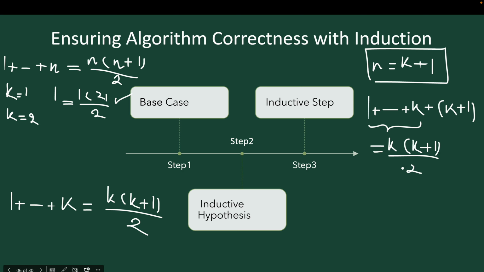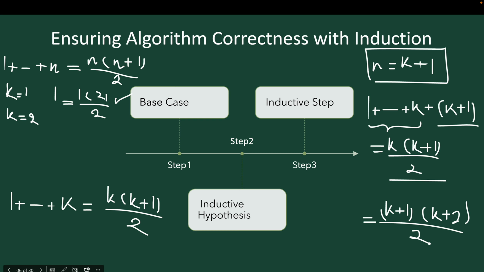And now you must simply sum these two terms. If you sum them, you can easily find that it will be equal to k plus 1 multiplied by k plus 2, divided by 2.